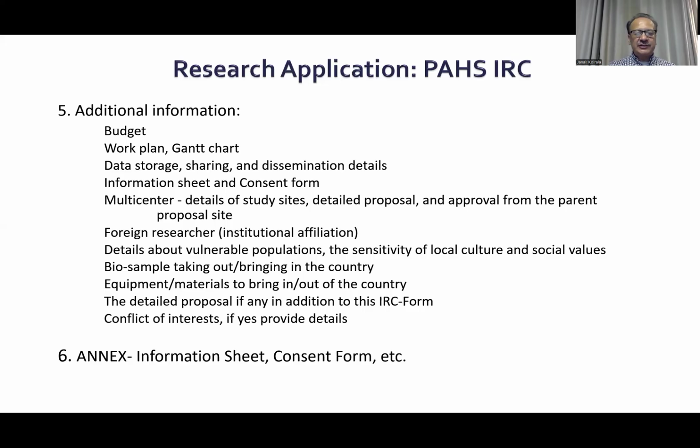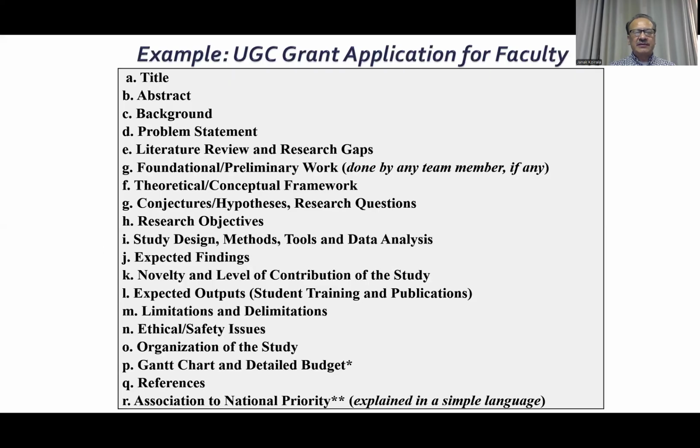If it's a foreign researcher, institutional affiliation, details about the researcher, details about vulnerable population, biosamples taken out and brought into the country, equipment and materials, and a detailed proposal, if any, can be attached in addition to this IRC form. Then conflict of interest, if yes, provide details. Also, annexes may include information sheet, consent form, dummy table, and other supporting materials. So this is the format for PAHS IRC research application.